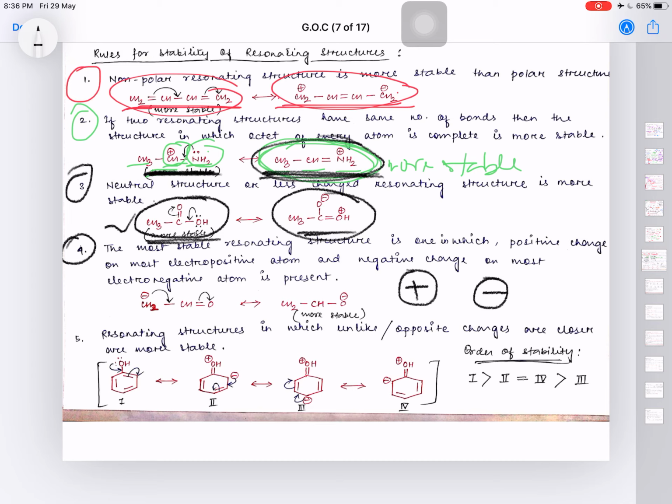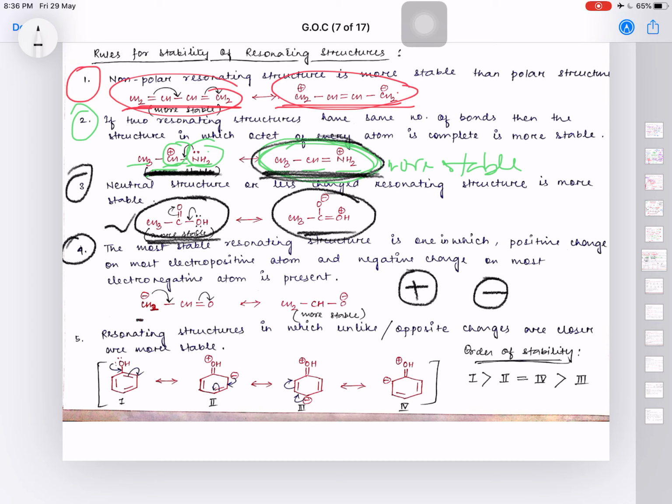And if you have minus charge on electronegative atoms, then that structure will be more stable. For example, oxygen, nitrogen, fluorine, if you have minus charges on these atoms, then the structure will be more stable. The opposite is also true: if you have plus charge on electronegative atoms, it will be unstable. If you have minus charge on electropositive atoms, it will be unstable.